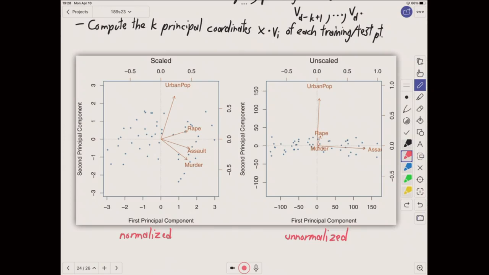So it assumes that all of the axes deserve equal consideration. If you don't normalize, things that have big counts are going to have a much bigger influence on PCA than things that have small counts.